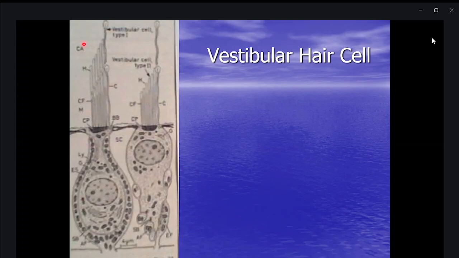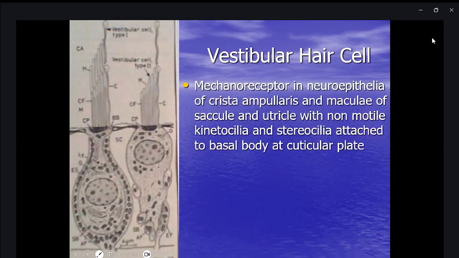So when there's movement of the cupola, the fluid, the gelatinous structure, then there's displacement of the kinocilia, and an action potential is generated. That action potential is then transmitted and perceived as movement.